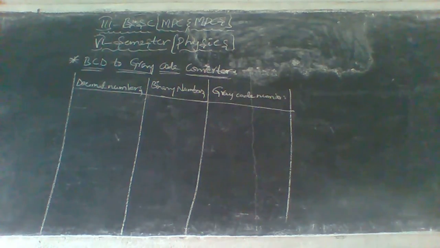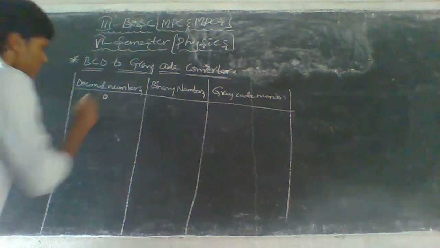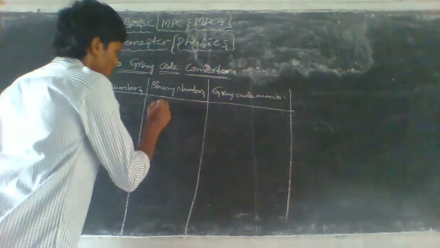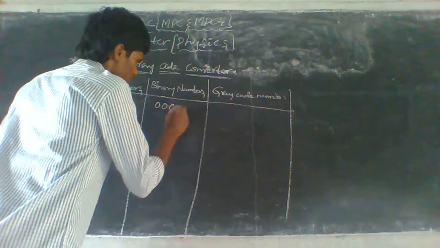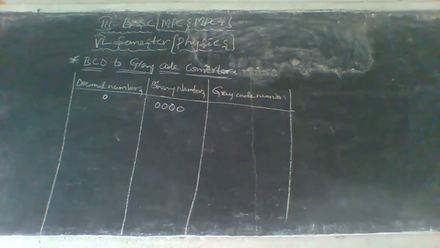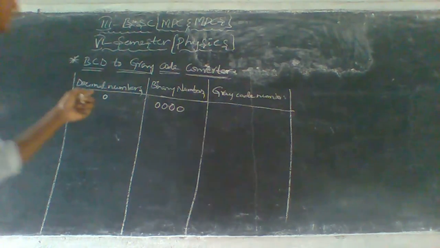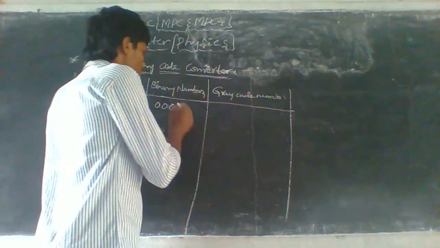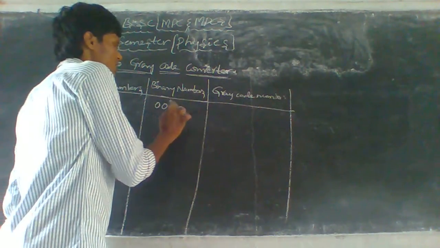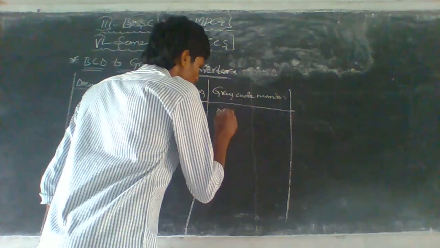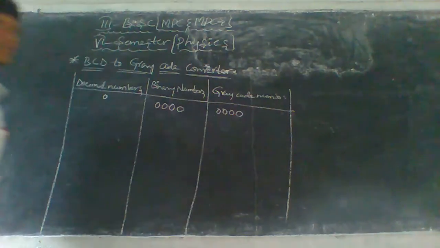For decimal number 0, the 4-bit binary number is 0000 and the Gray code is 0000.